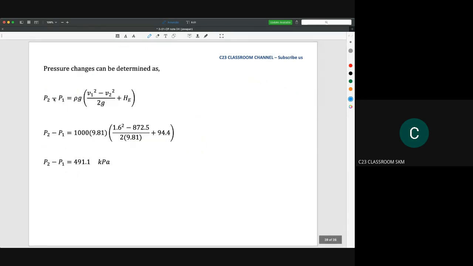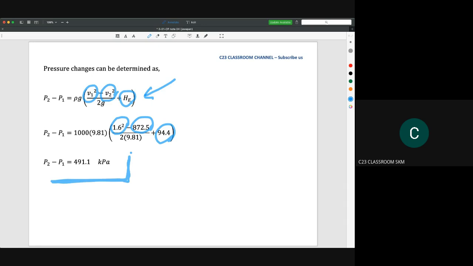So this is the Bernoulli equation. We need to substitute the values of V1 square, V2 square, and also the Euler head. We take 1.6 square minus 872, and then add 94.4, and then we get a pressure difference of 491.1 kilopascal.